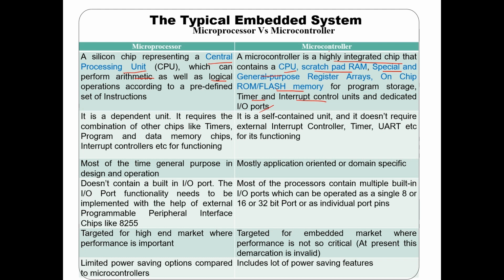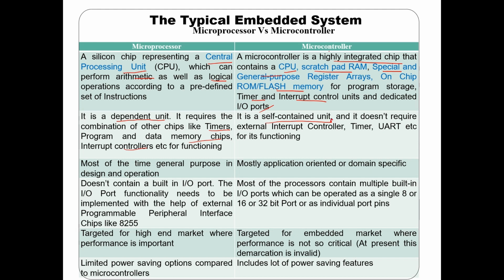The next difference: the microcontroller is an independent unit, because the microprocessor can't work independently without the help of external peripheral devices like timers, memory chips, and interrupt controllers for its functionality. If any task is given to a microcontroller based embedded system, since it contains all the required blocks internally on a single chip, it is a self-contained unit.